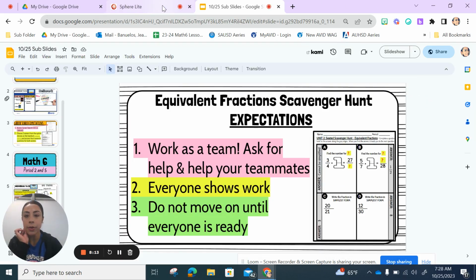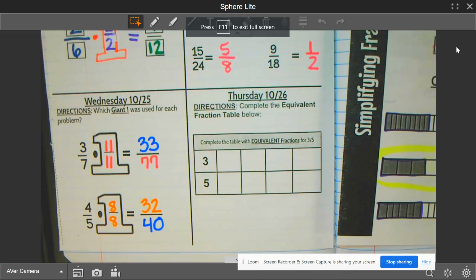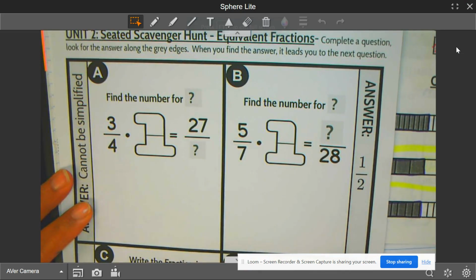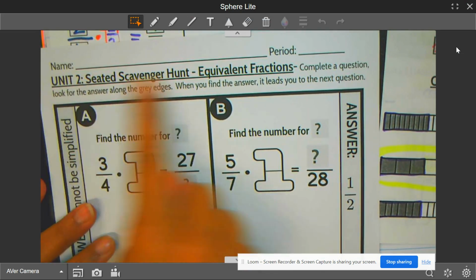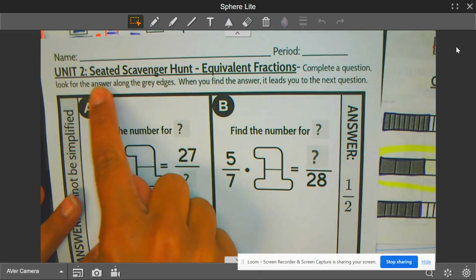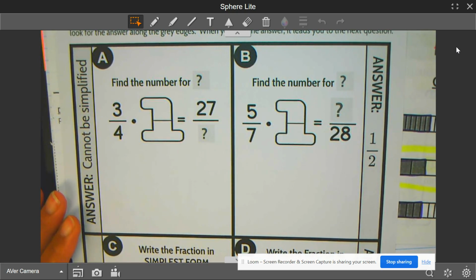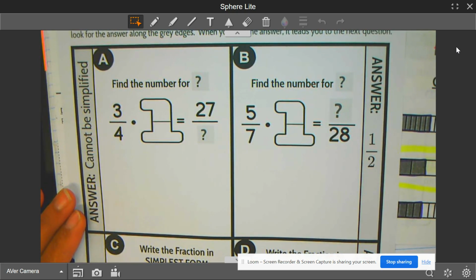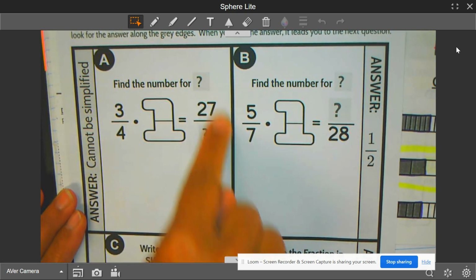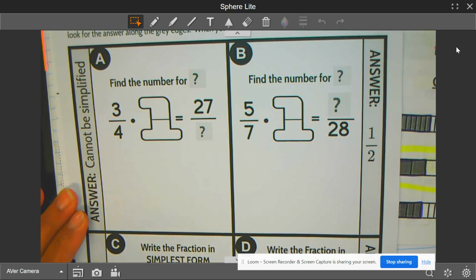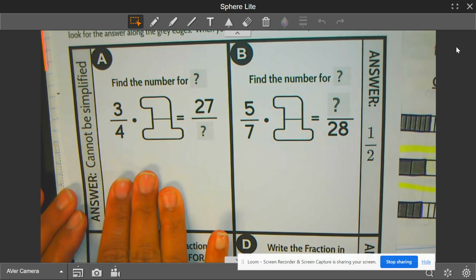Make sure you put your name and your period, and the directions are here. You are going to get started with the problem. Everyone shows their work here. Do not move on to the next one until everyone has completed it and everyone understands.